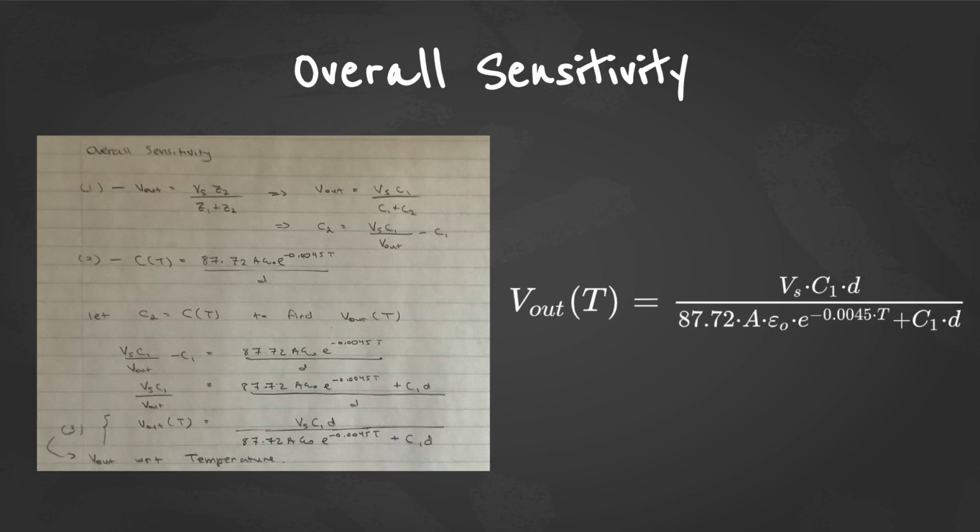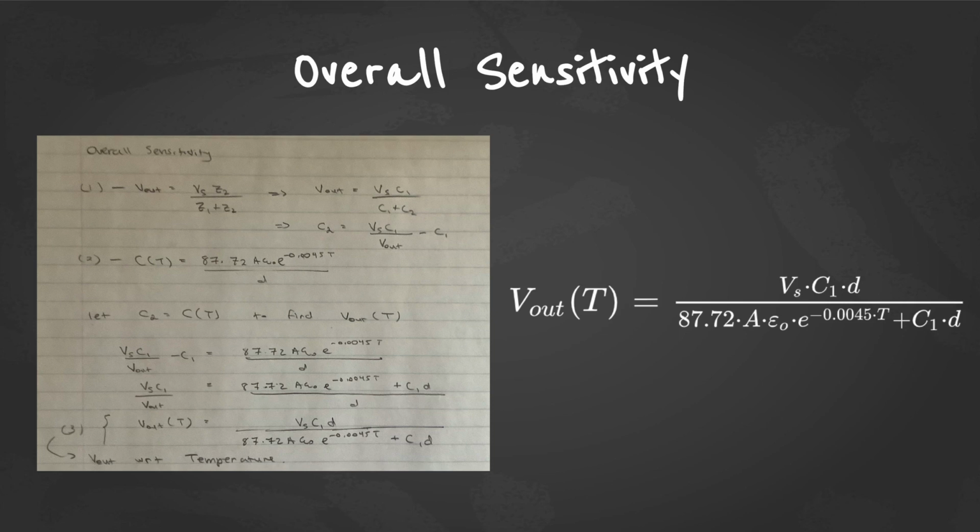Our second very important equation is our capacitance as a function of temperature, which is given as 87.72 times A times epsilon naught times e to the power of negative 0.0045 times temperature, all over d.